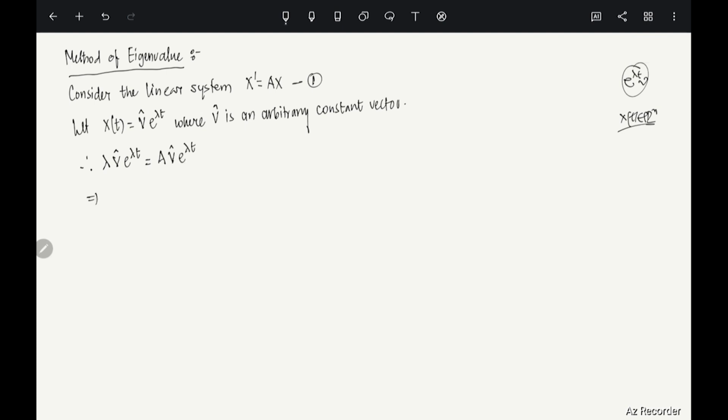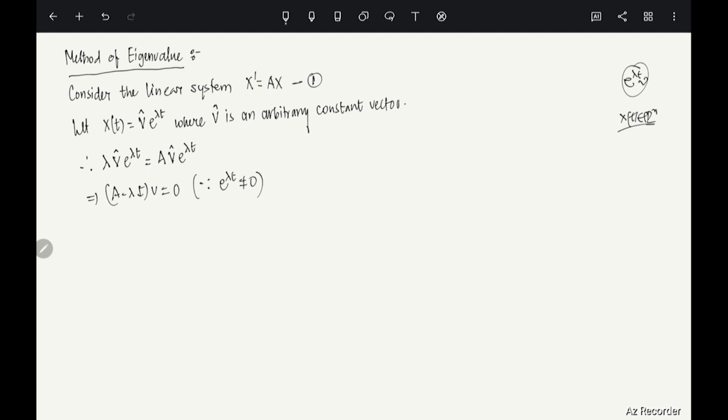Now if we put everything together, it becomes (A minus lambda I) times v equals 0, since e to the power lambda t is never going to be 0.